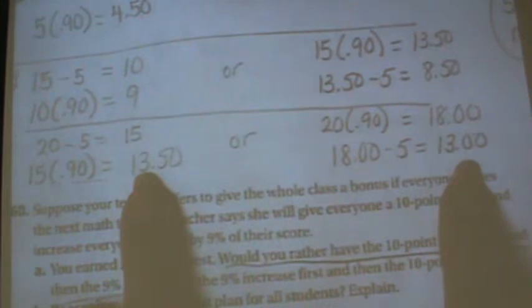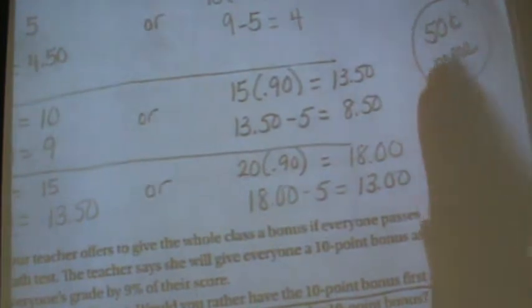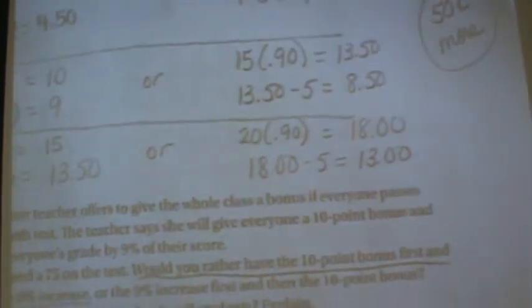How much are you saving by doing the percentage first? It's 50 cents. In every case, it's 50 cents. So by applying the discount first and then taking the coupon off, you're going to save yourself 50 cents more.